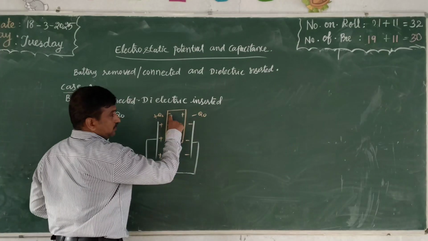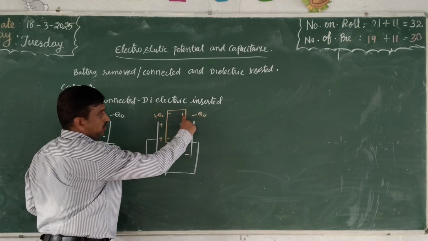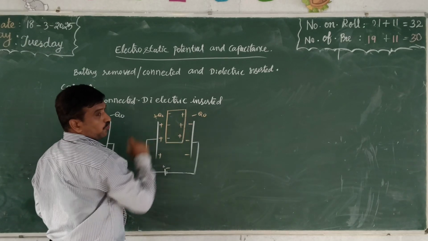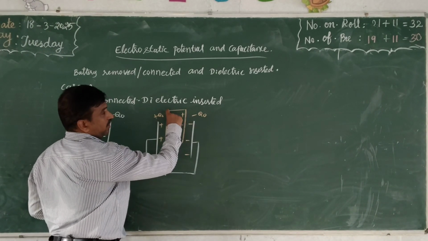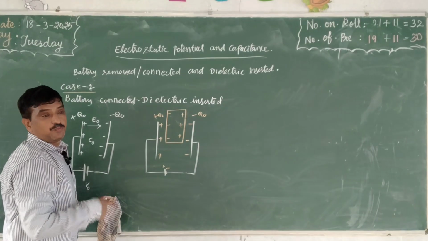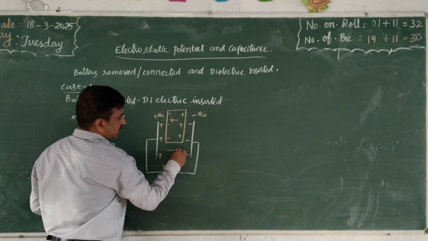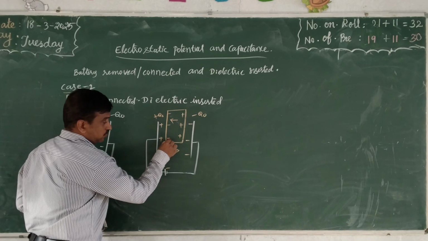Here it is the induced charge qi: plus qi and minus qi. Because of this the electric field is developed. This is the direction of the electric field. Due to the negative charge, the positive charge is pulled downwards.